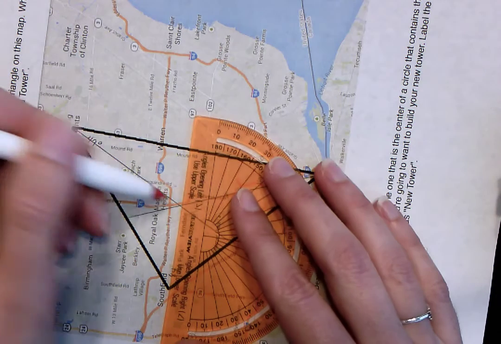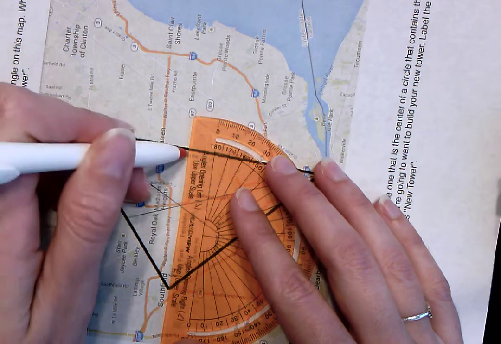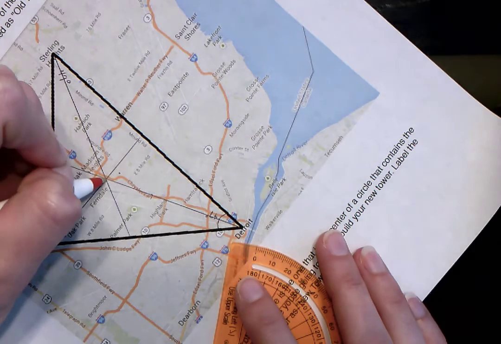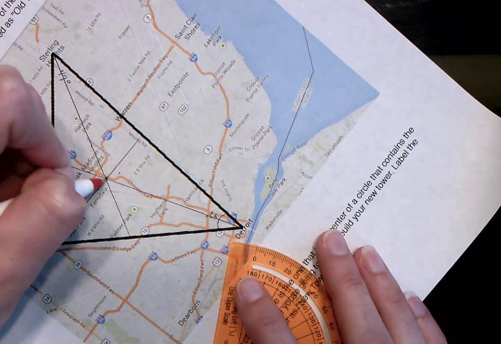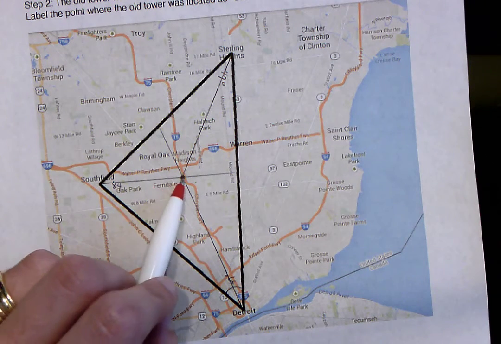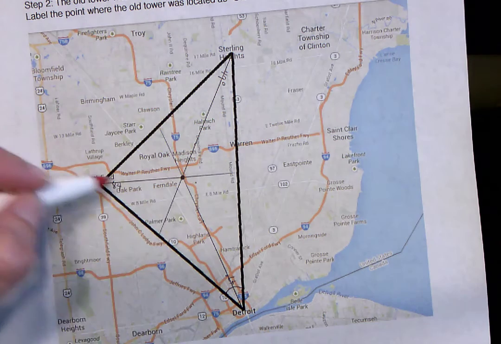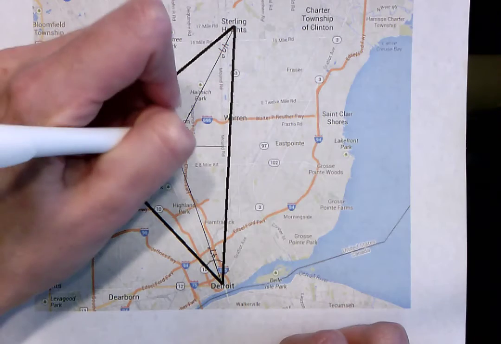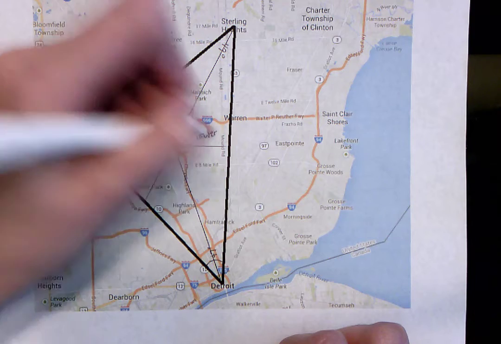But it should go right through this point right here. That's where it should be. That should be your incenter. You just have to do it as accurately as possible, but if you bisect all of these angles nicely, you should get the incenter here. It's not perfect, but old tower is what you want to label that.